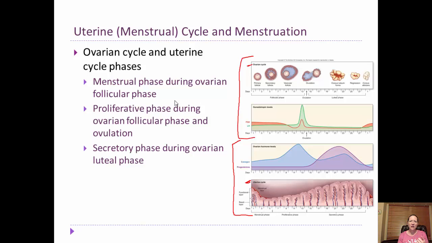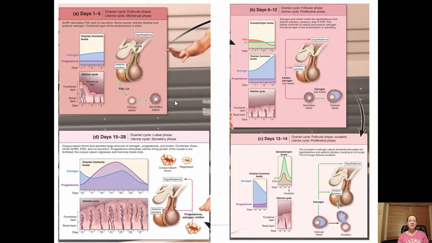So the menstrual phase and the proliferative phase are going to occur during the follicular phase of the ovarian cycle. Ovulation occurs during the proliferative phase as well. And then after ovulation, secretory is going to begin, and that's going to occur during the luteal phase of the ovarian cycle. So this is a nice little chart that's putting it all together here.